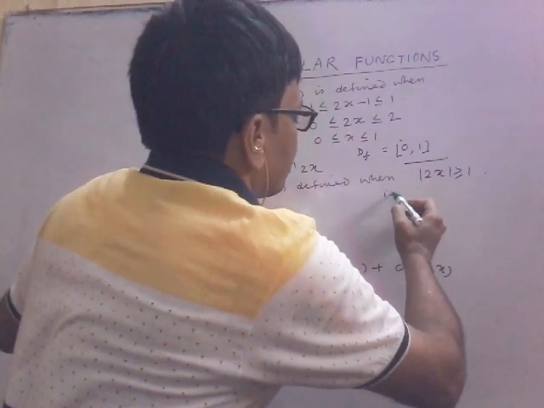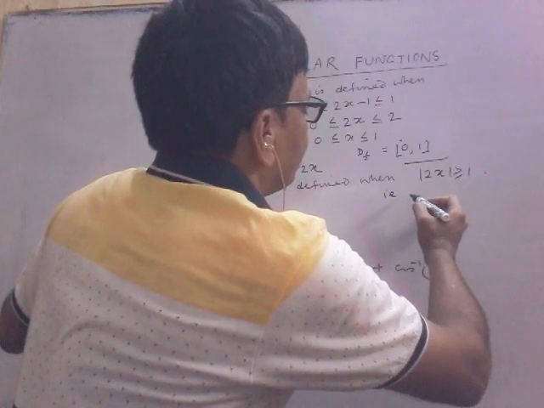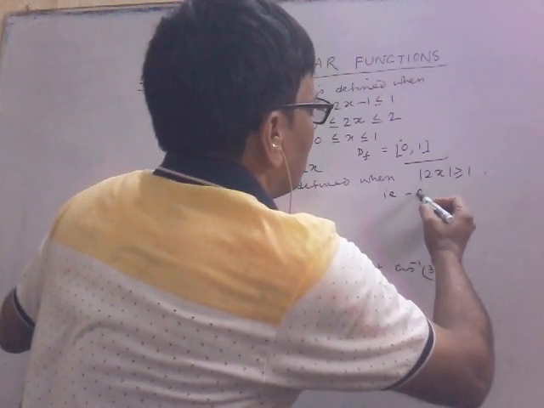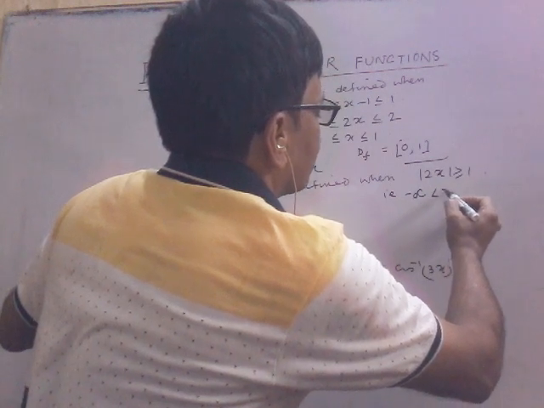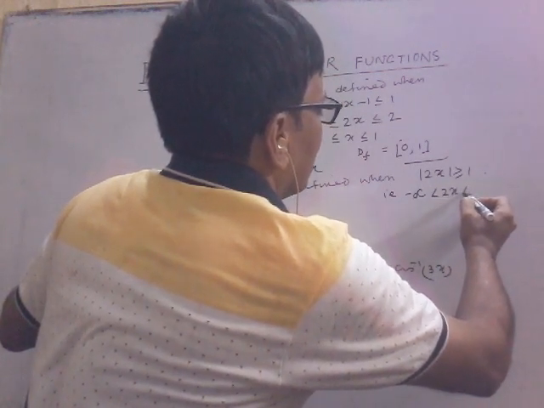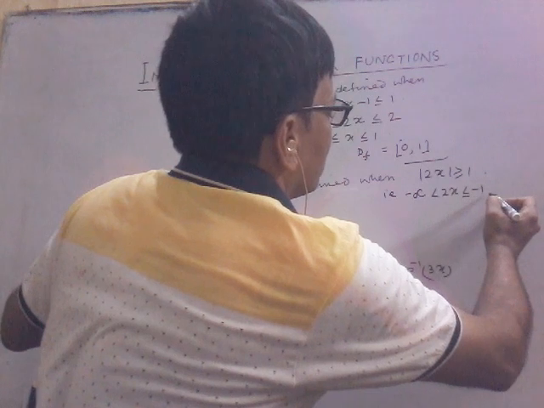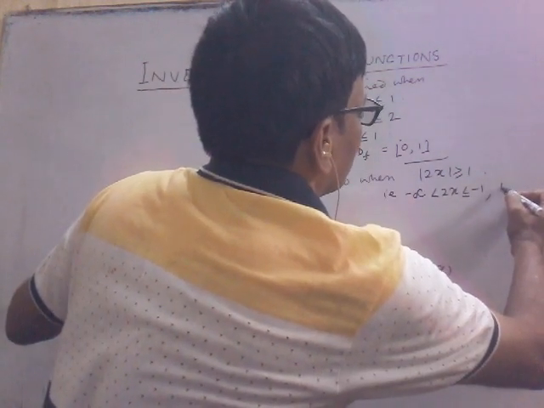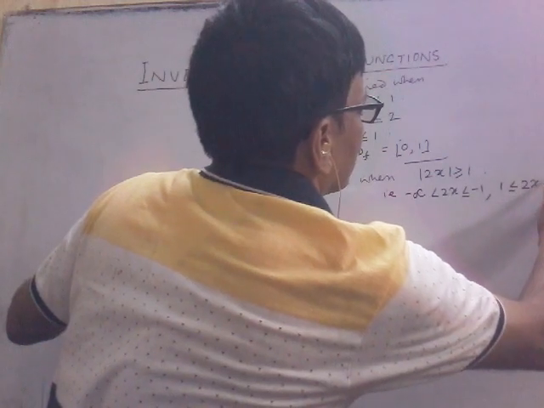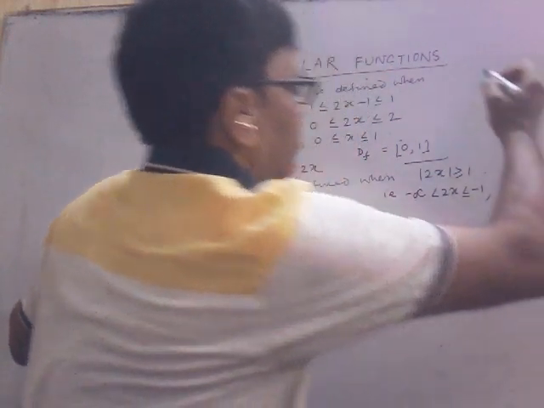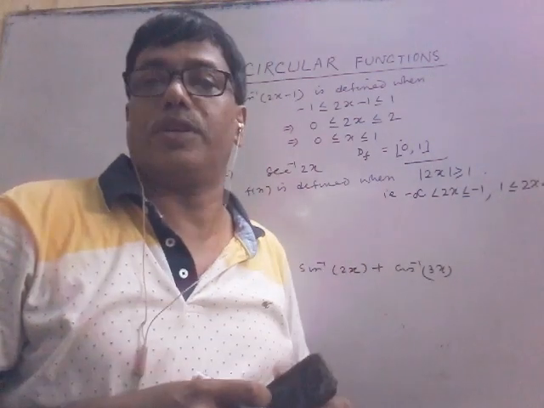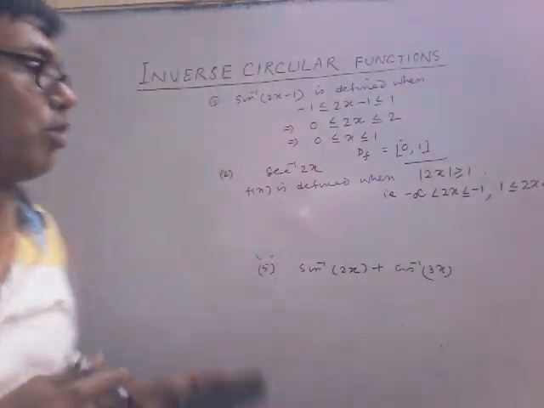This means minus infinity less than 2x less than or equal to minus 1, and 1 less than or equal to 2x less than infinity. Always minus infinity and plus infinity exclusive.